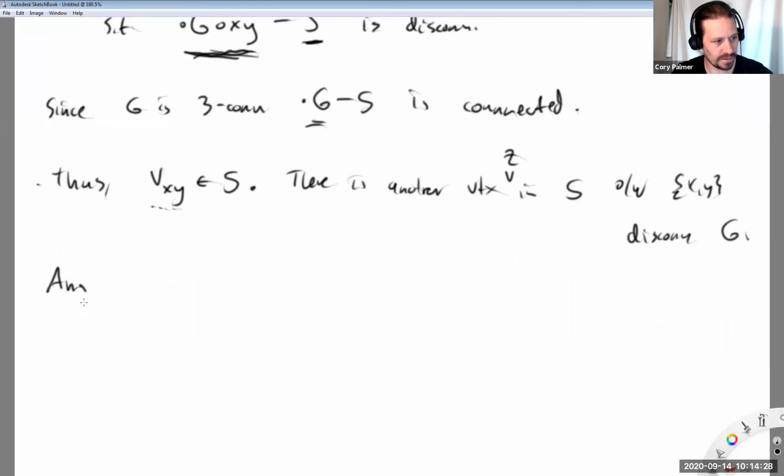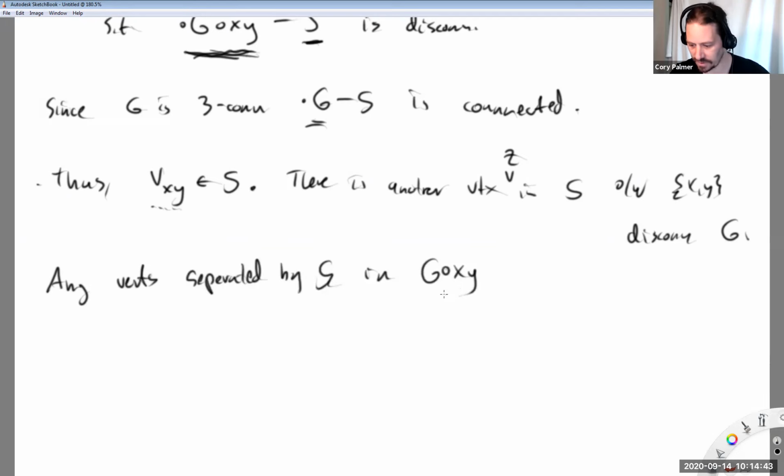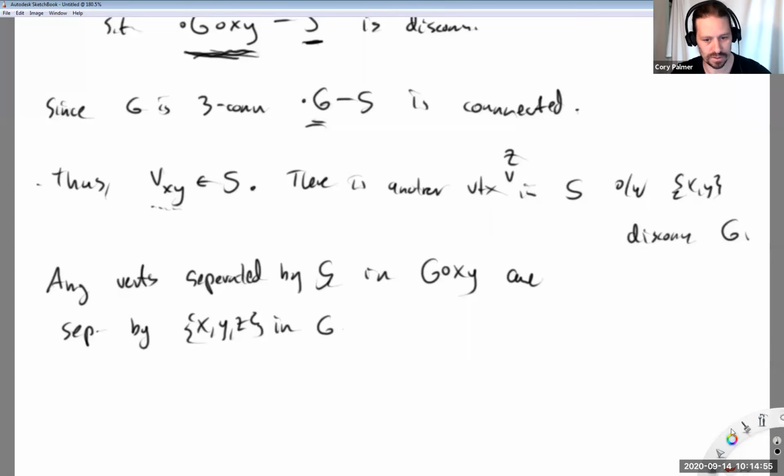Okay, so now I'm going to use a term here that I didn't define. I'm going to say any vertices separated by S in G contract XY, where this S disconnects this graph, are separated by X, Y, Z in G. Let me explain what I mean here.